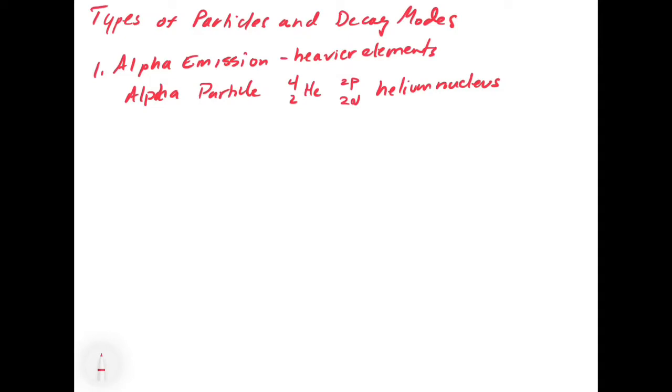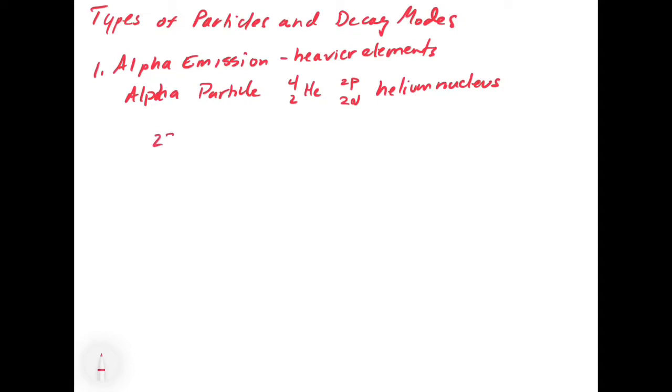What happens is that when a nucleus gets so big and has so many nucleons, it has to get rid of them as quickly and efficiently as possible. It spits out an alpha particle because this gets rid of the most protons and neutrons you can get rid of in one shot. The only other option would be fission, and we'll talk about what fission is in just a second.